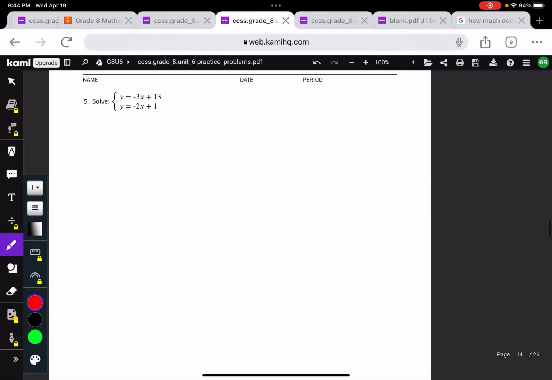Number 5, solve this. If y equals that and y equals that, then we set these equal to one another. I love solving this. So step 1, whatever. We could add 3x, we could subtract 13, add 2x, or subtract 1. It doesn't matter. I'm going to add 3x because then I get rid of negatives.